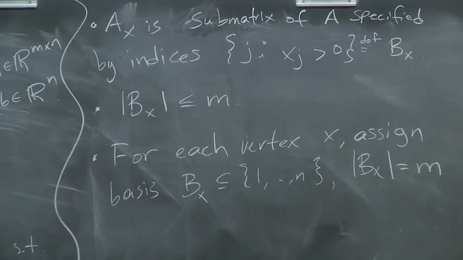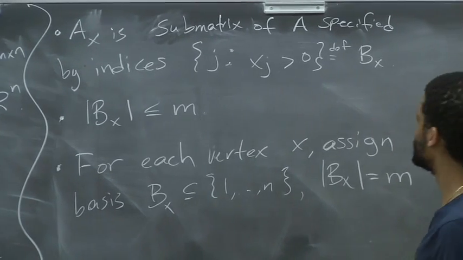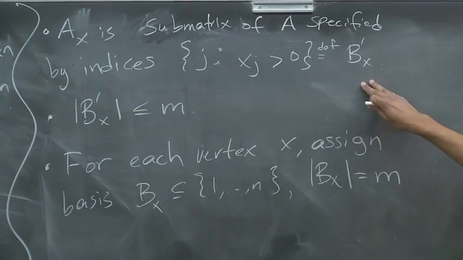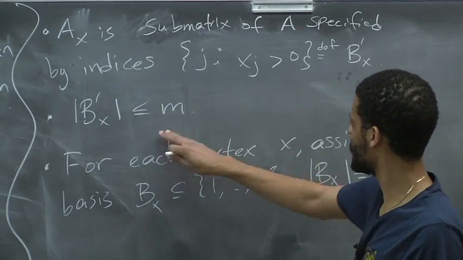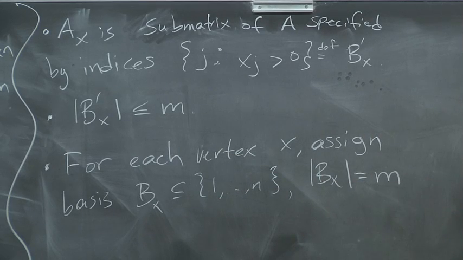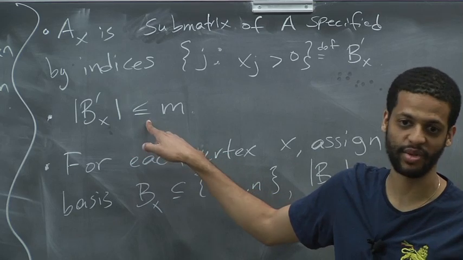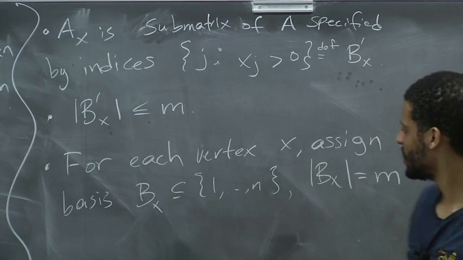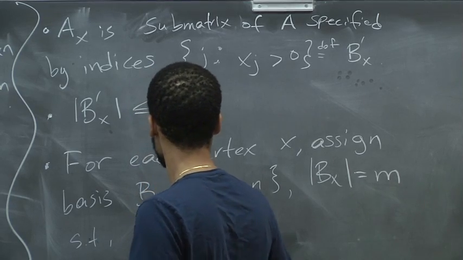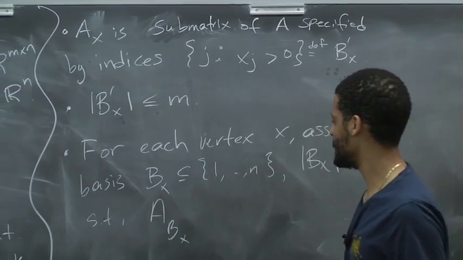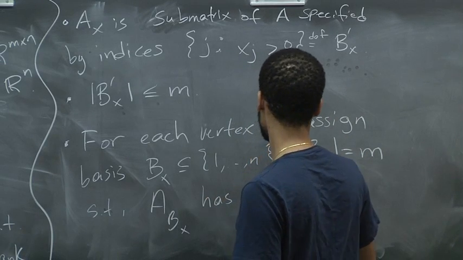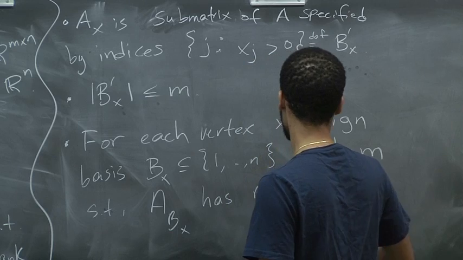Maybe let me call this B prime of x to distinguish. So this is the set of indices that are strictly positive, and then I'm going to possibly extend it to a set that has size exactly m, because it might be the case that the set has size at most m. Okay, such that A_B(x), the columns indexed by B of x, has rank exactly m.